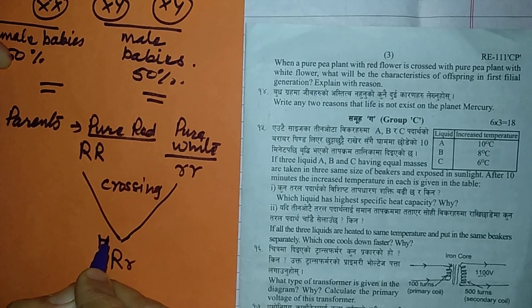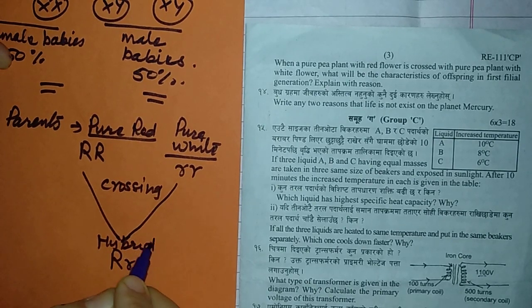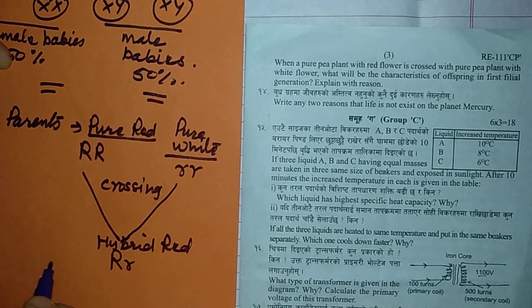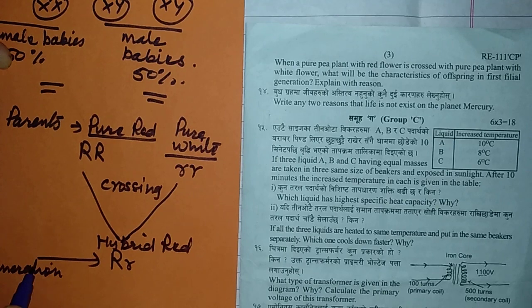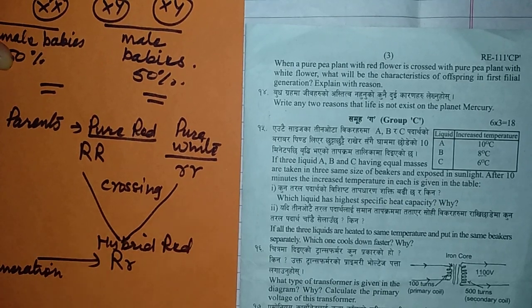This is hybrid red. This is F1 generation, first filial generation. So offsprings of first filial generation are hybrid red.